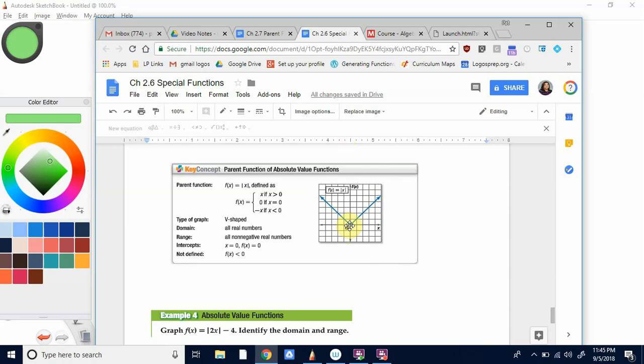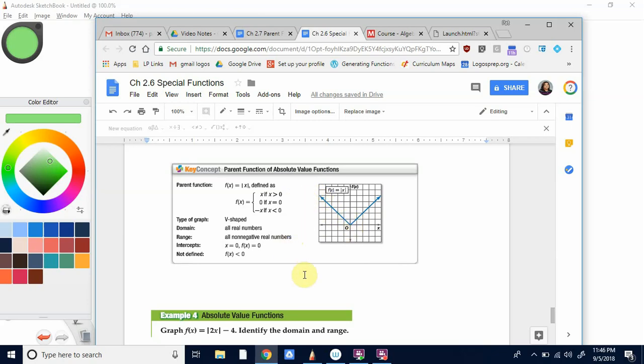And then we said if y equals 0, which would be a line this way, but only when x is 0. So it would just be a point, not the entire graph. Everything else would be erased. And then we have this right here, which is y equals negative x, and it's less than 0, and it's going to go this way. Okay, so the domain is going to be all real numbers.